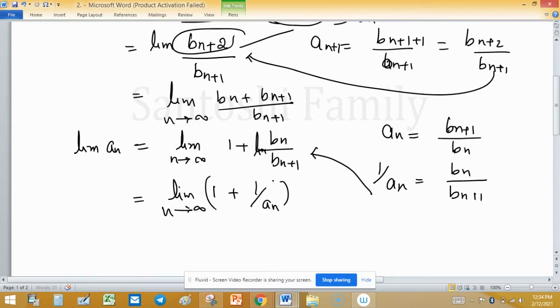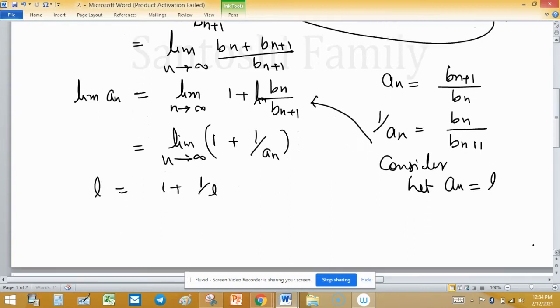And consider, or let, the limit of a_n be L. So on this side L equals 1 plus 1 upon L. It means L squared equals L plus 1. This implies L squared minus L minus 1 equals 0.